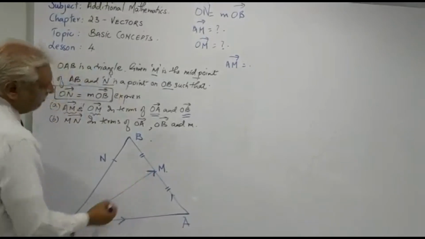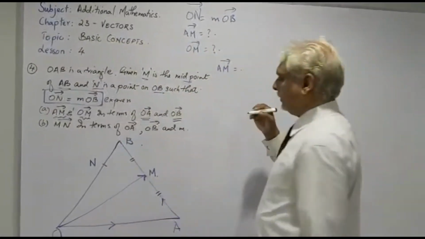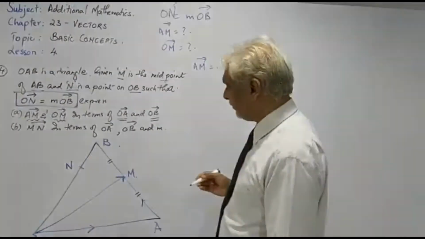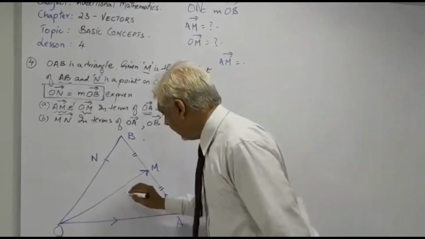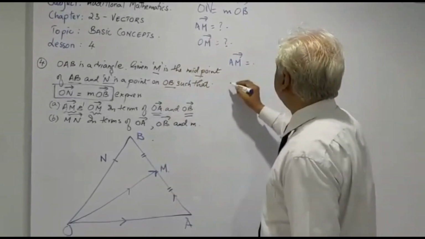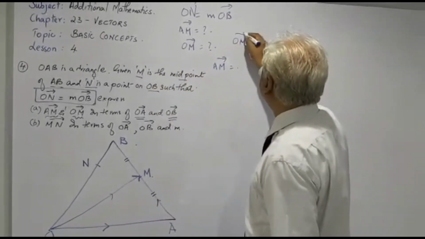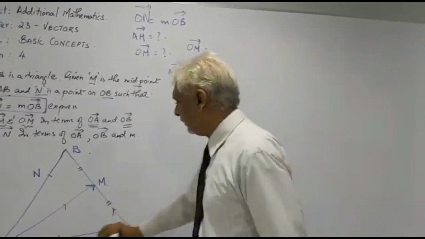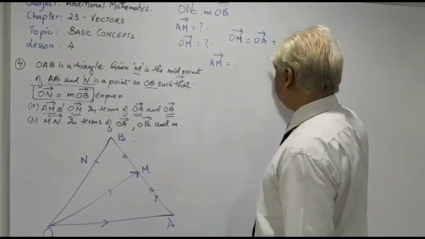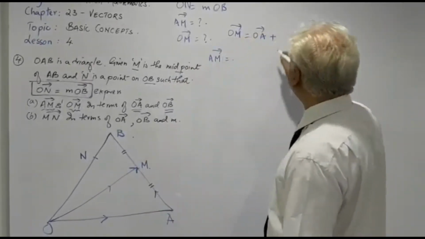Using the triangular law of vector addition, OM is equal to OA plus AM.